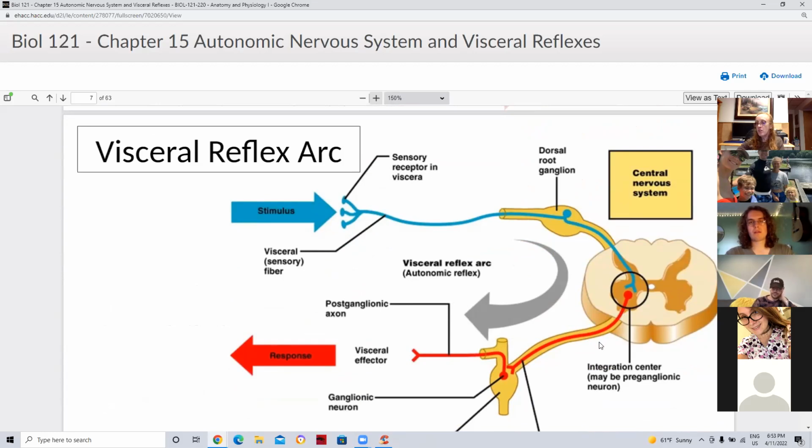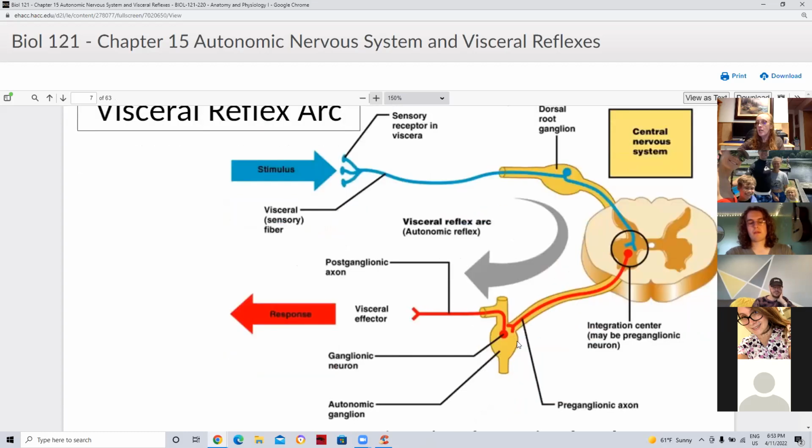That motor efferent neuron comes out and synapses maybe with a preganglionic neuron that then synapses in a ganglion with a postganglionic neuron. So remember, all sensory fibers are going to be one neuron pathways. All autonomic nervous system pathways are going to be 2 neuron pathways.